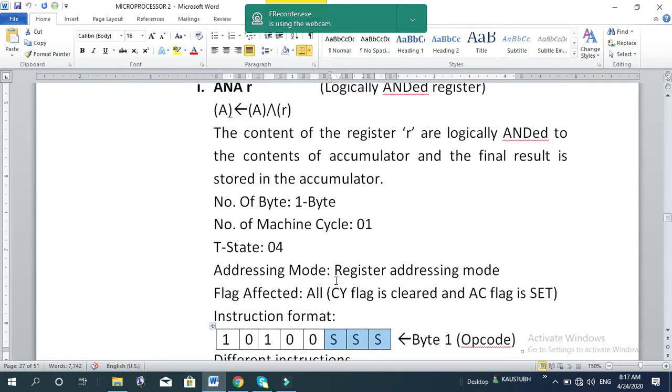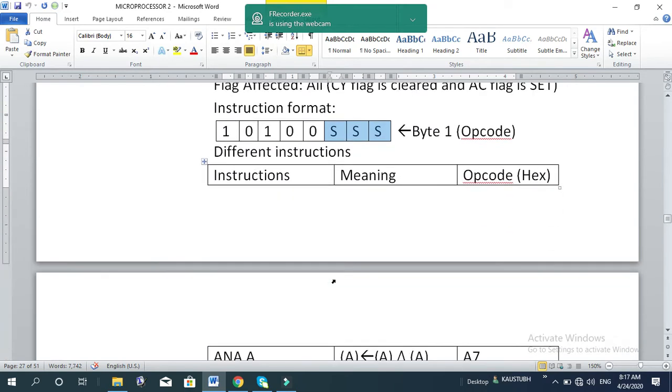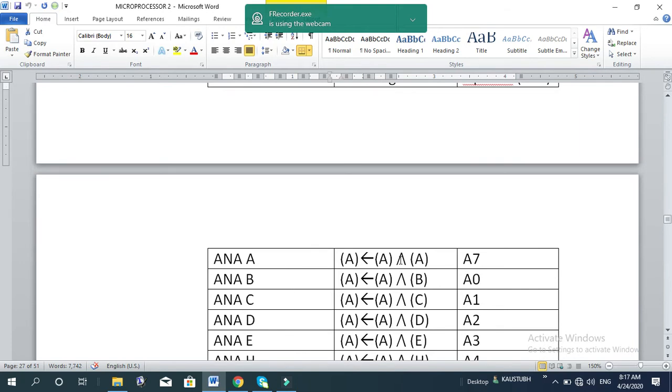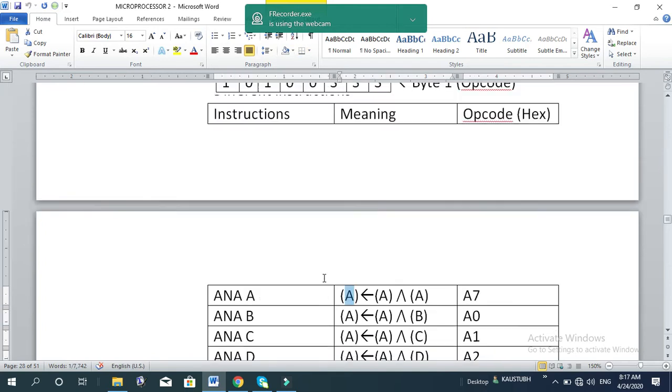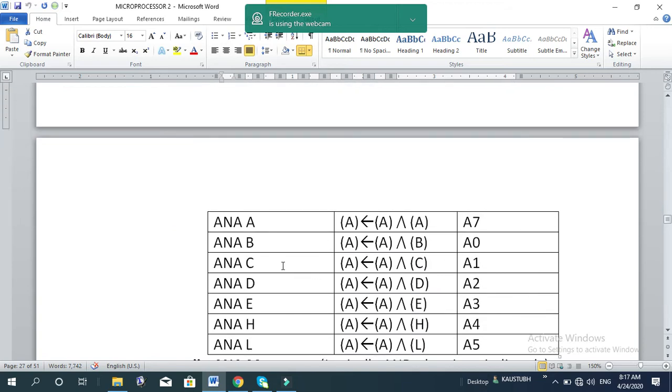Accordingly, there are 7 different instructions: ANA A, ANA B, ANA C, ANA D, ANA E, ANA H, ANA L. ANA A means the content of the accumulator is ANDed with the accumulator, and the result is put into the accumulator. For A, it is 111. So 1010, which is A, and 0111, which is 7. So the opcode is A7.